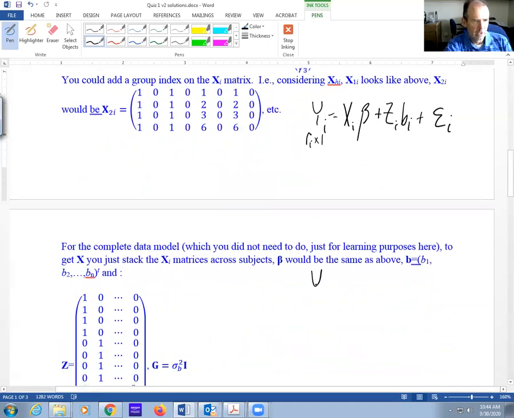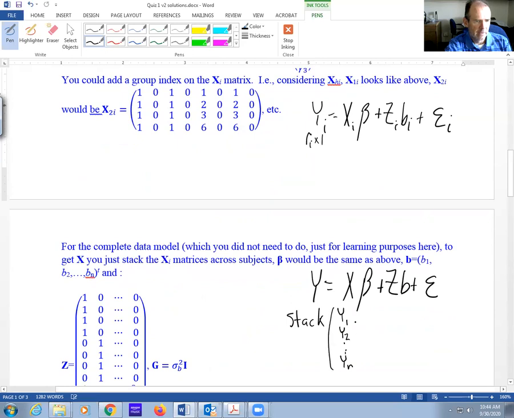The complete data model would look like this. In this case, you stack Y1, Y2, up to YN.